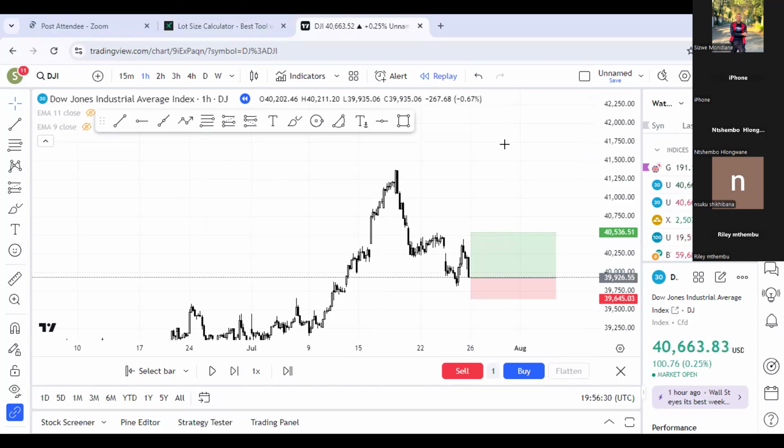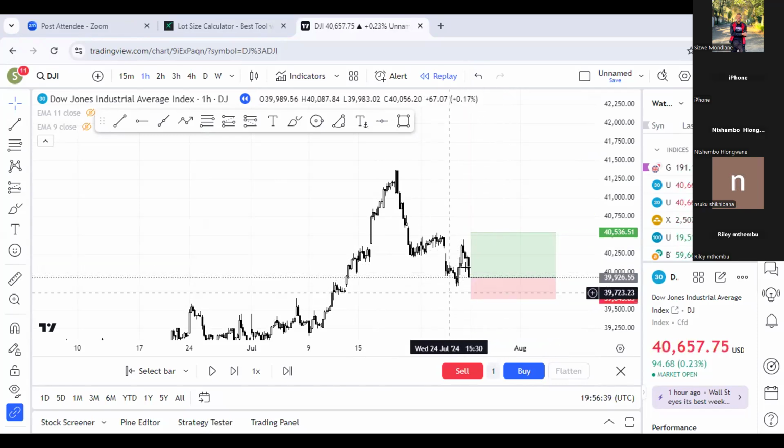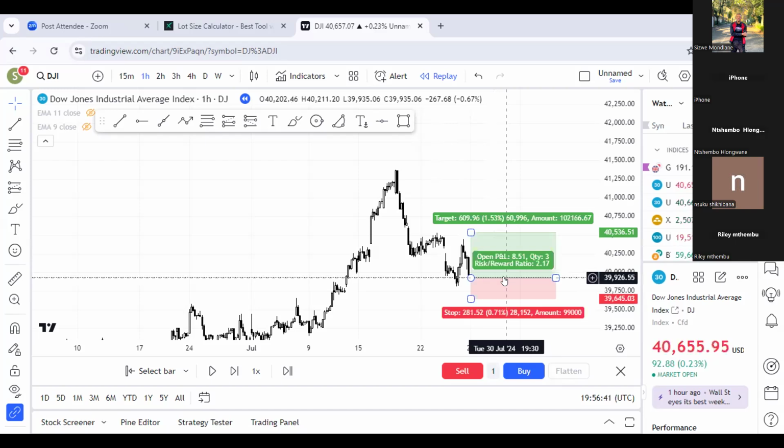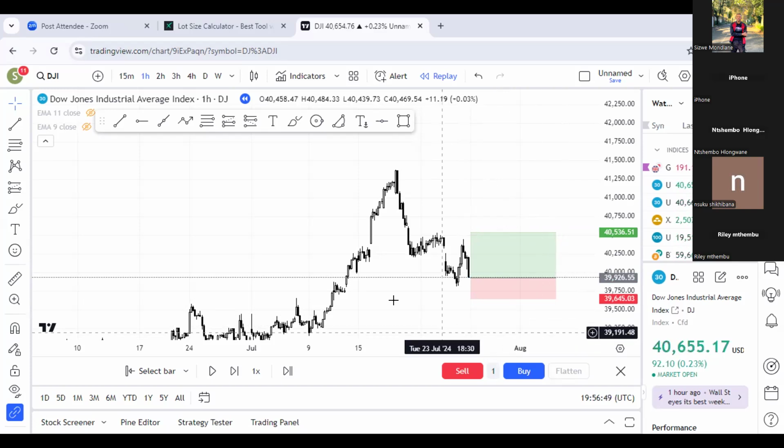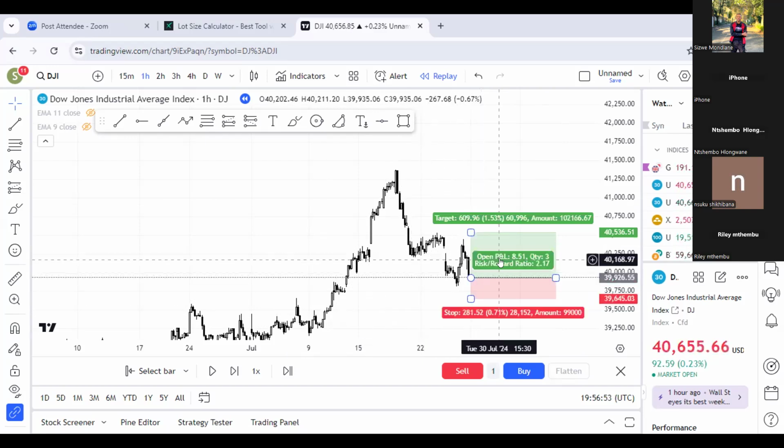So make sure your risk is fixed. If you were planning on risking 10% per trade, you have to keep with that risk. If on the first trade you risk 500, the next trade you have to do the same thing, and all the other trades, because it makes your risk to reward actually make sense.